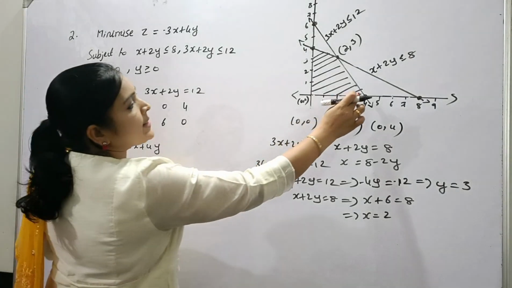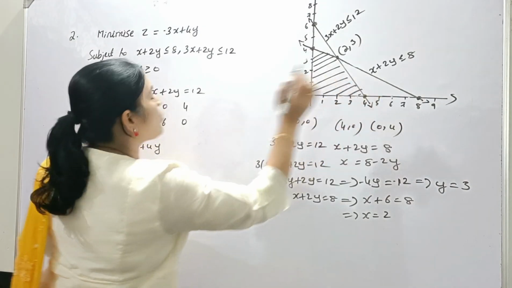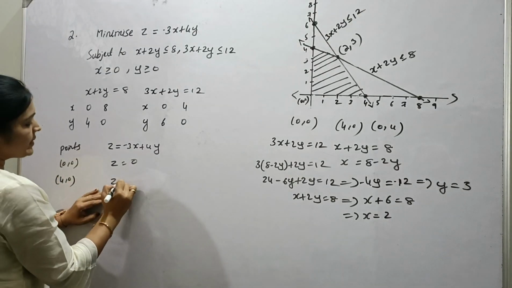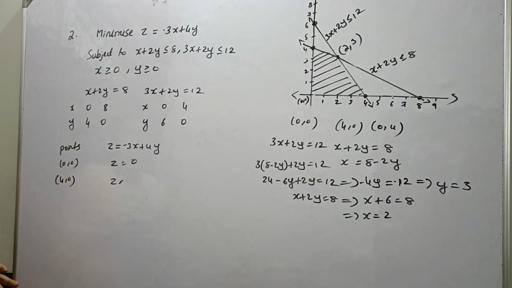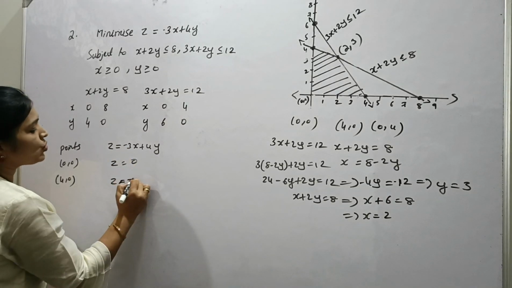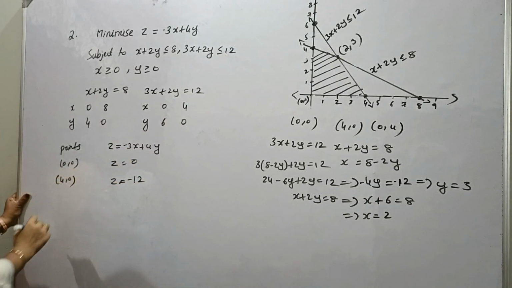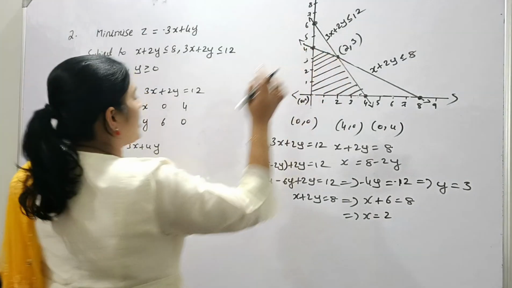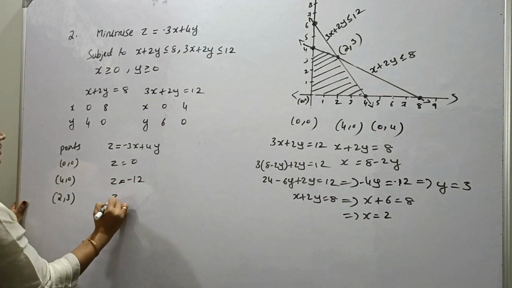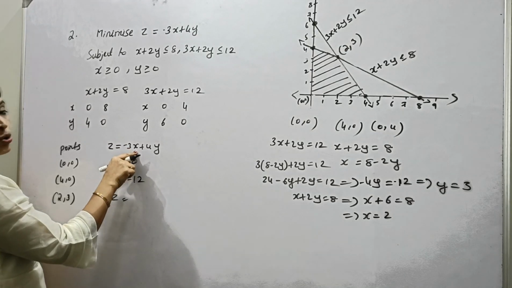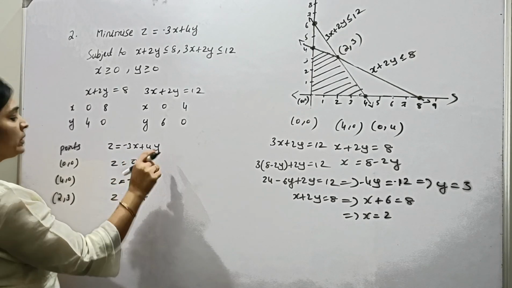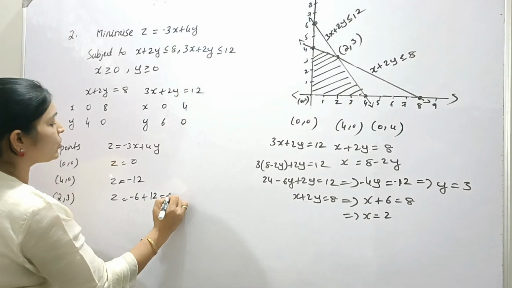Next point, let's take 4, 0. Z is equal to, substitute x is equal to 4, y is equal to 0, so minus 12, right? Next, the point 2, 3. Z is equal to minus 3 into 2, minus 6 plus 4 into 3, 12, that is equal to 6.